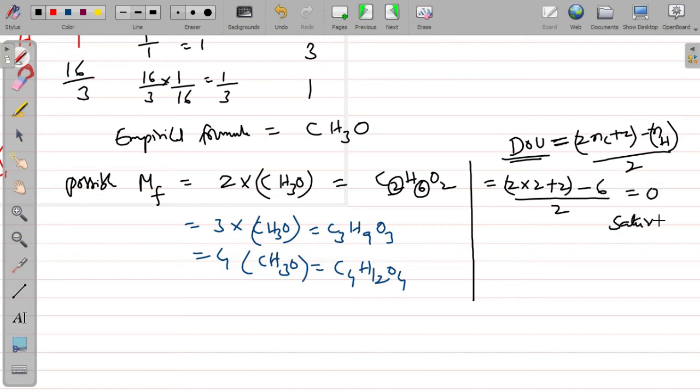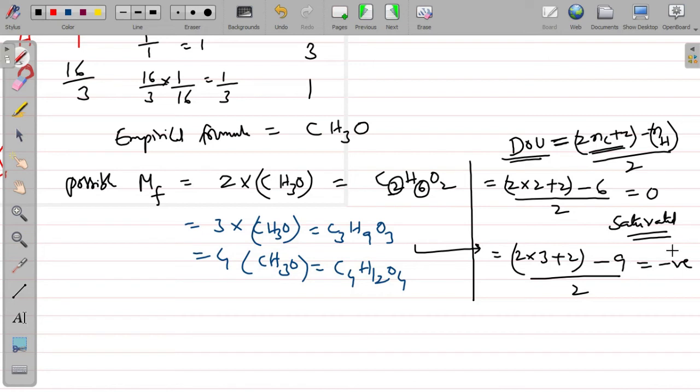It is a saturated compound. Let's apply this to the second case: 2 into 3, that is 2 into the number of carbons, plus 2, minus the number of hydrogens, divided by 2. This will be negative, which is not possible. Now let's look at this one: 2 into 4 plus 2 minus 12, divided by 2.